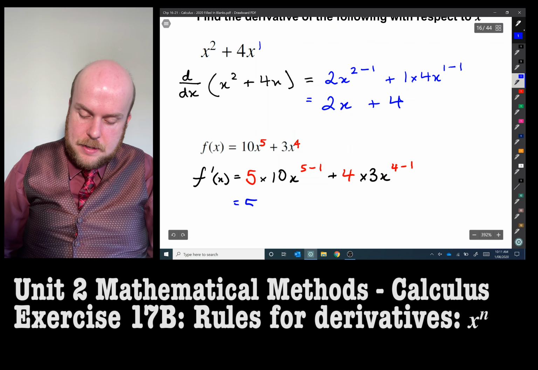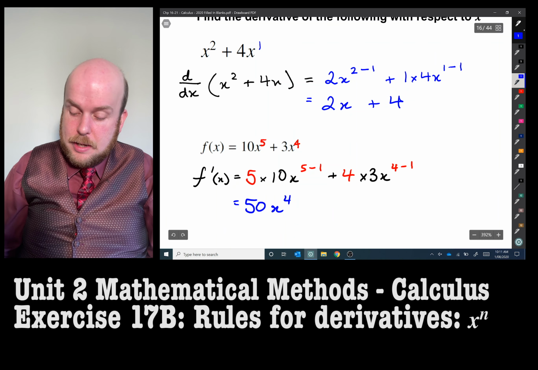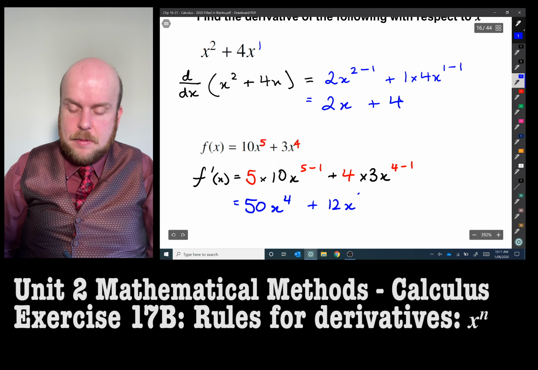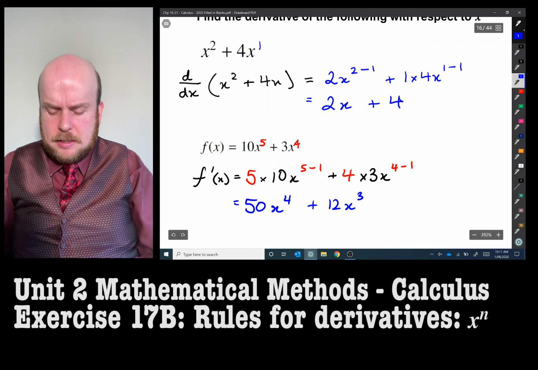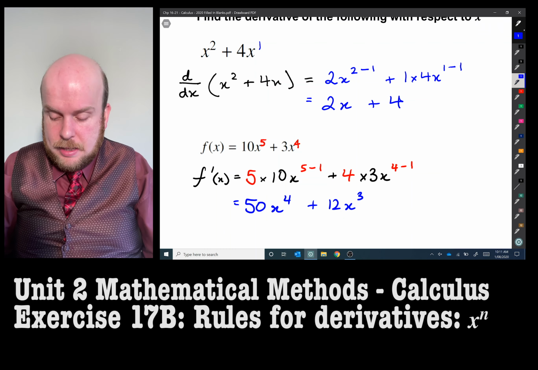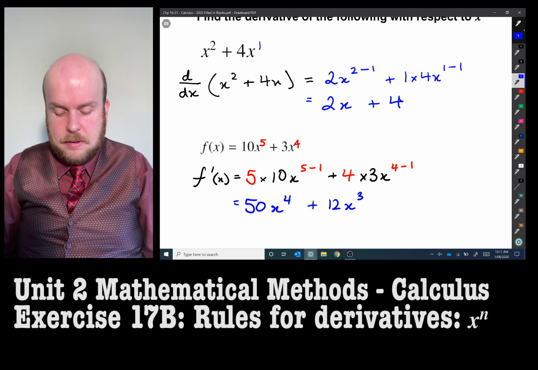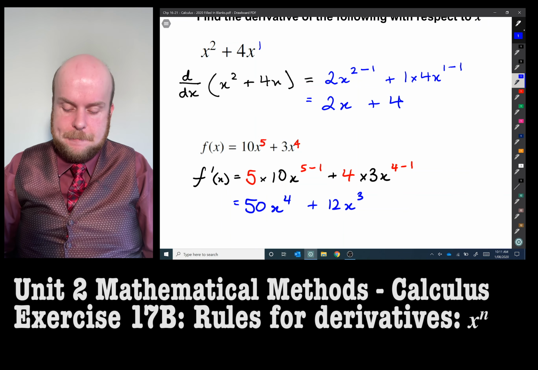So that becomes 50x to the power of 4 plus 12x to the power of 3. You don't need to simplify or factorize that. At this stage, a final answer like that will be fine.